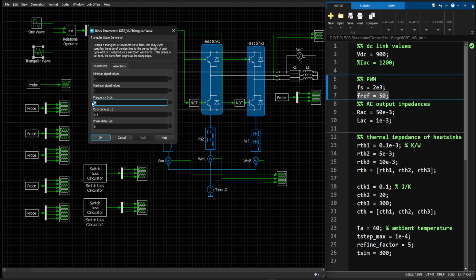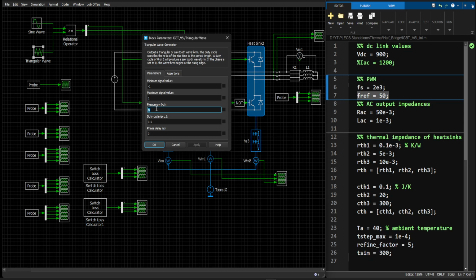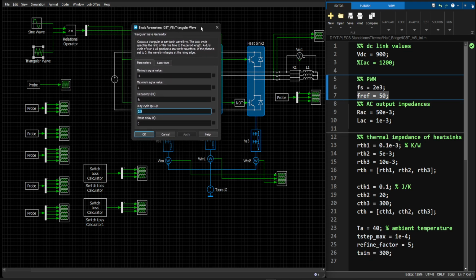Frequency fs is specified. In order to build the triangular wave in the PLECS environment, we need a duty cycle of 0.5. Depending on other duty cycles, it can be a sawtooth or other forms of triangular waves. You can read in the help section how to construct other triangular waves, but for triangular ones, the duty cycle is 0.5.